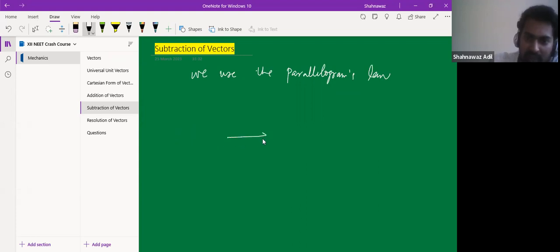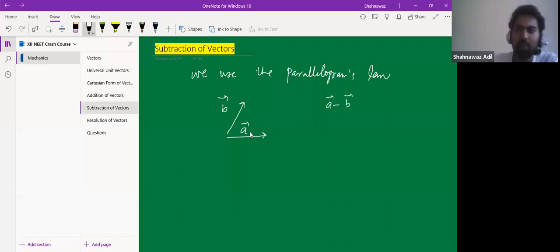Let's say you have A and you have B, and you want to calculate A minus B. You take the opposite, the anti-parallel of B, and extend it like this.